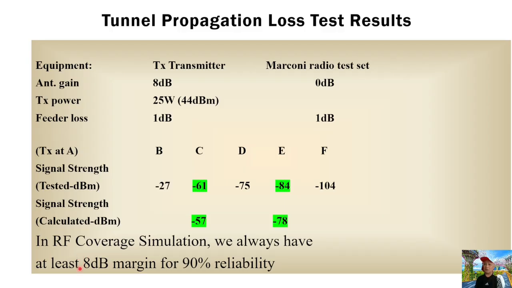So the margin will be 18 dB. And similarly, if you want 99.9% reliability, you need 28 dB margin here. This is quite a common standard use case in our RF coverage simulation.